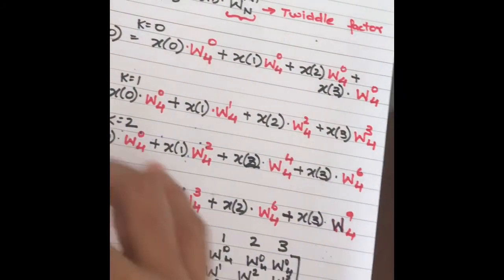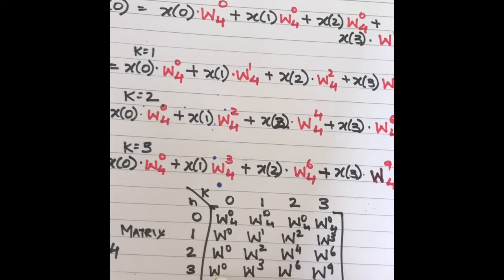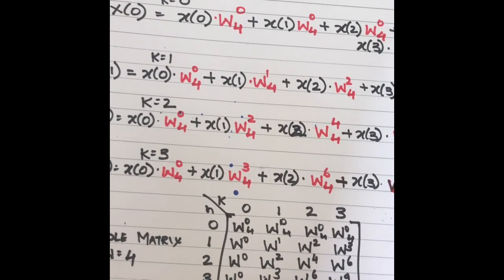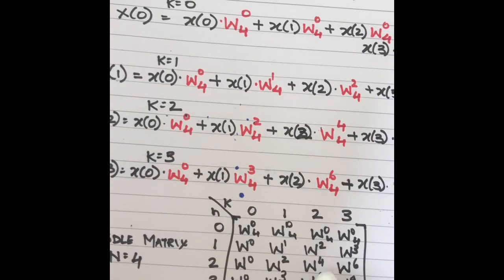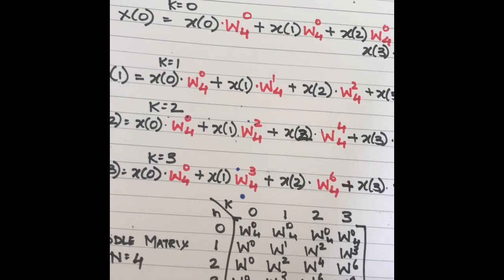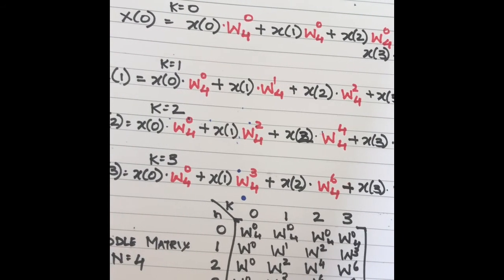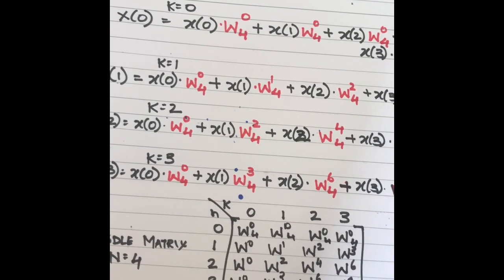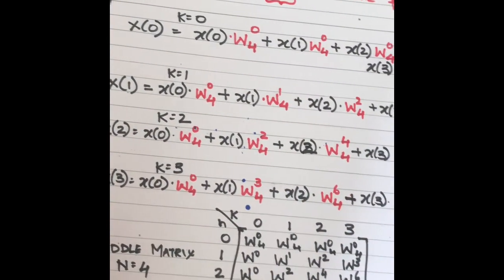Then the last row, W04 is plus 1, W34 is plus j, W64 is minus 1 and W94 will be the same as W54, which will be the same as W14, that is equal to minus j.